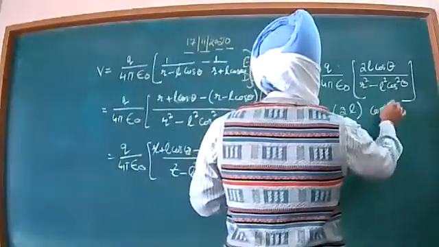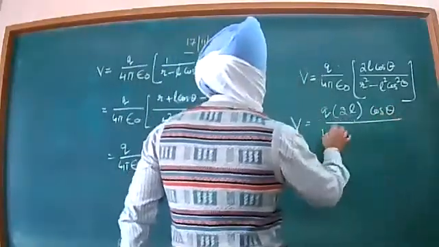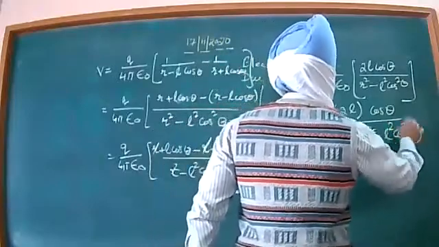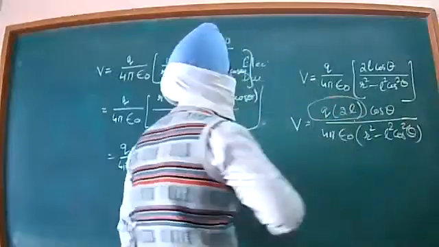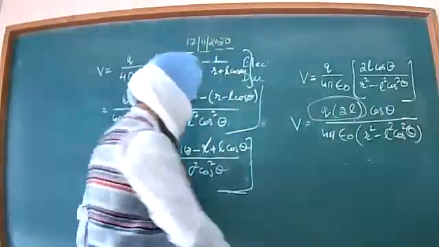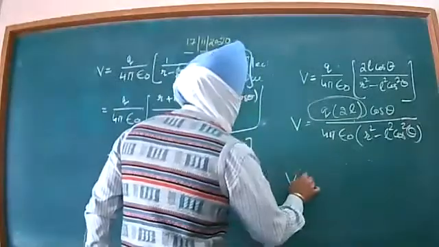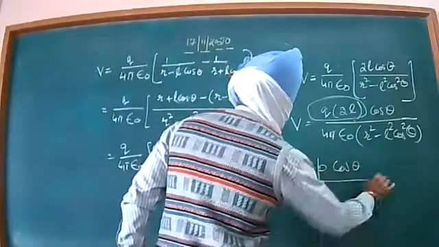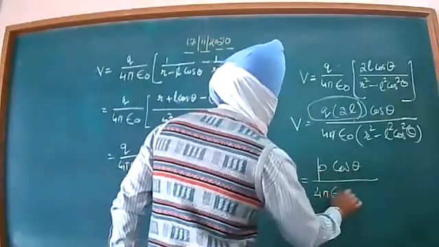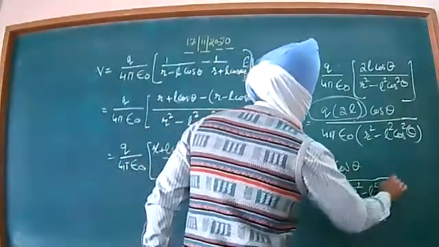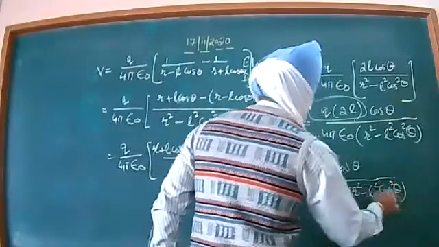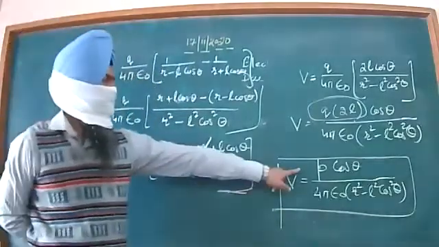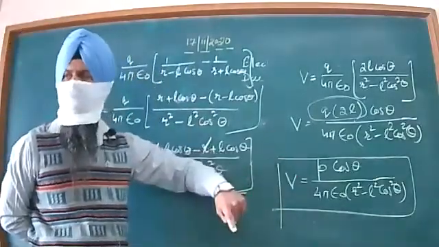This is cos of angle theta and 4 pi epsilon naught r square minus L square cos square theta, and this is equal to your electric dipole moment P cos theta upon 4 pi epsilon naught r square minus L square cos square theta. So this is your expression, and here you can discuss the special cases also.